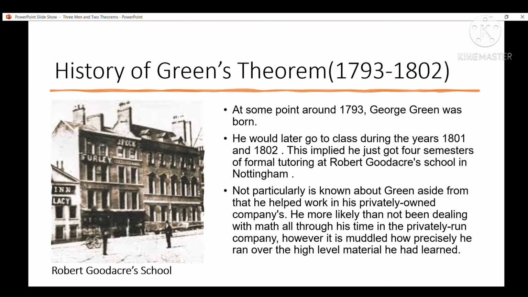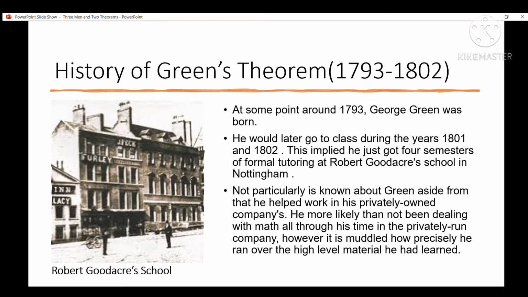Okay, we can see from the timeline 1793 until 1802. In 1793, George Green was born. He later went to class during the years 1801 and 1802. He only got four semesters of formal tutoring at Robert Goodacre's school in Nottingham. Not much is particularly known about Green.